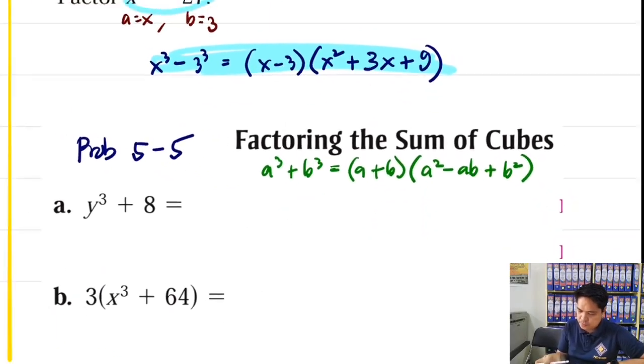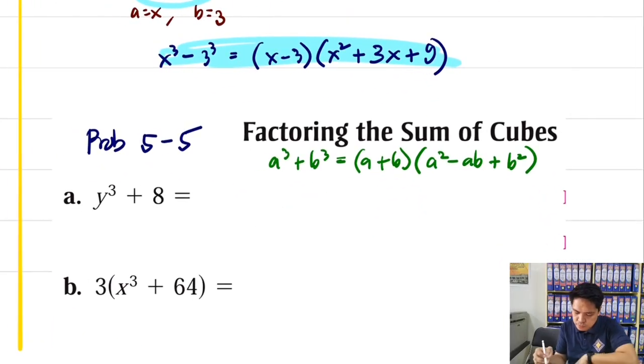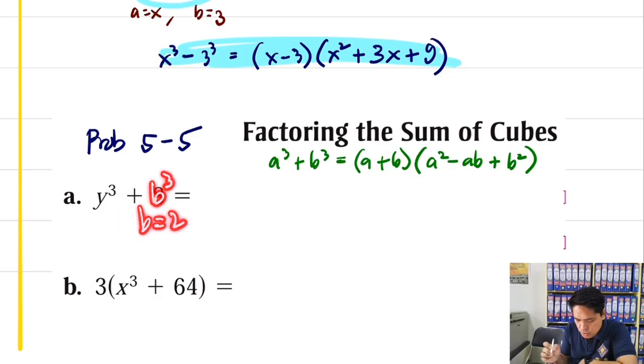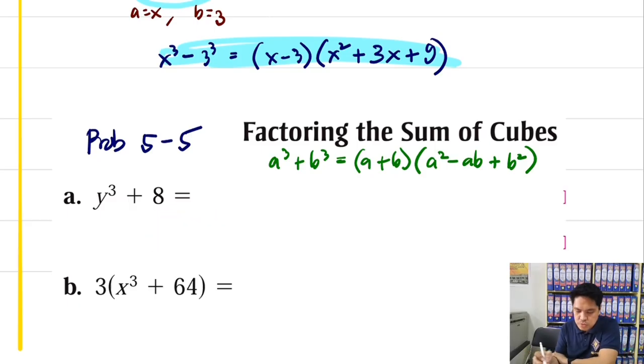Okay, let's continue. So for letter A, we say that if this is a cube, therefore a is y. If this is b cube, therefore b is 2, because 2 cube is equal to 8. 2 times 2 times 2. Hence, let me write it here. A is y and b is 2.